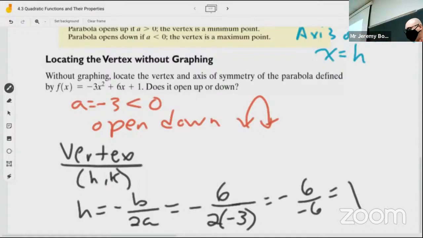So we know our h value. Know our vertex is 1 comma something. We want to find that something. Oh, let's write it this way.